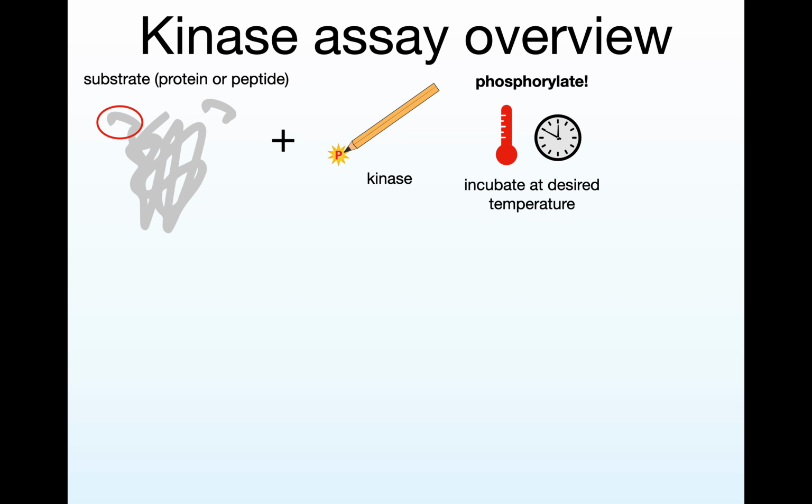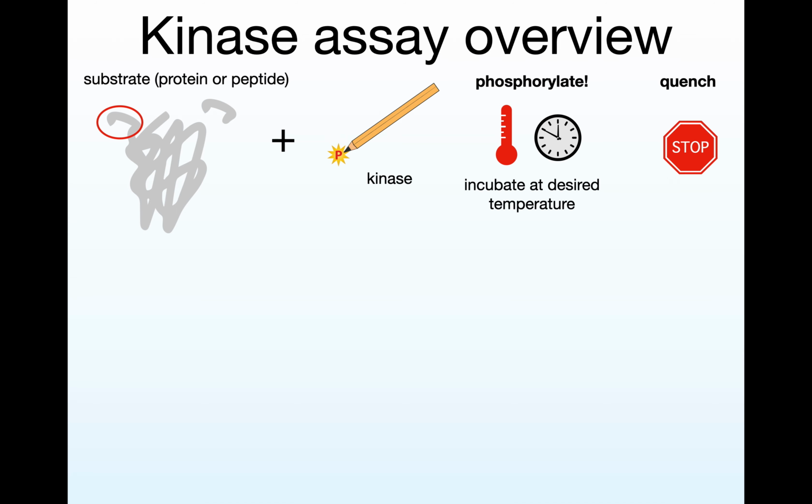I usually use 37 degrees, which is like normal body temperature, but it depends on your kinase. You just want to keep it constant with a heat block or something. Then after a set amount of time, which, as we'll talk about, depends on whether you're trying to get initial activity or stoichiometry, so how many sites there are, you quench it. So you stop the reaction.